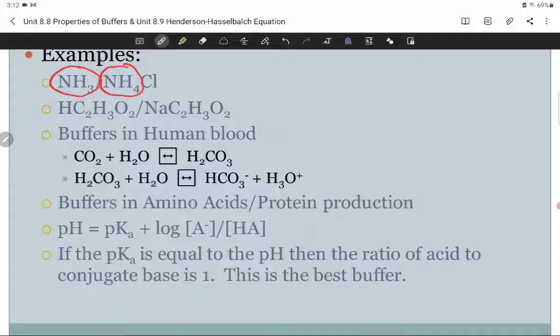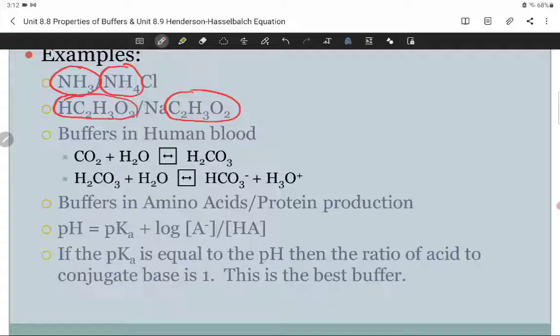Same example: I have a weak acid, acetic acid, and I have acetate. That would be my HA and A minus. The sodium ions are related to sodium hydroxide, a strong base, so that's not going to impact the pH of water.